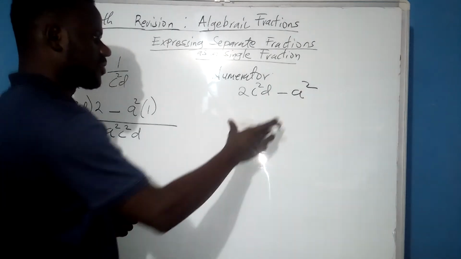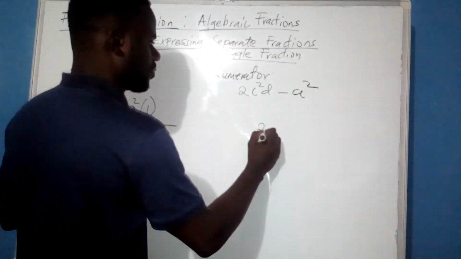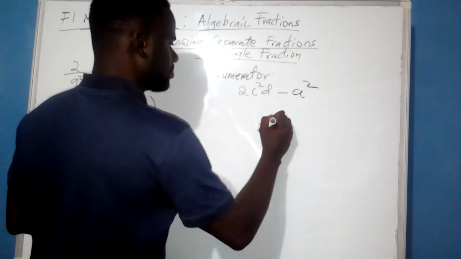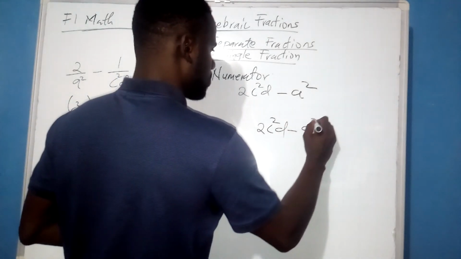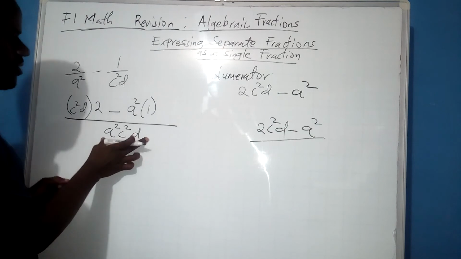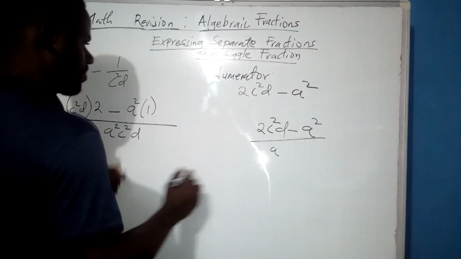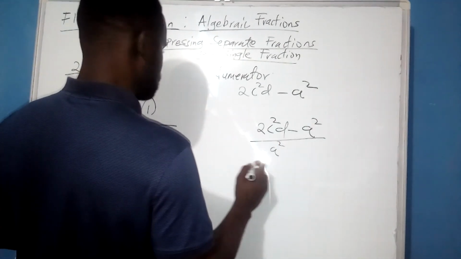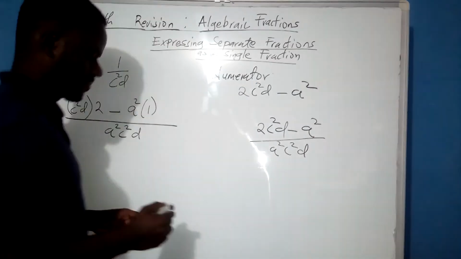From here, we simply combine the numerator with the denominator. And the numerator, we found the answer to be 2c squared d minus a squared. Remember, you're supposed to put the denominator as an entire denominator for all of them. So that will be a squared, c squared, and d.